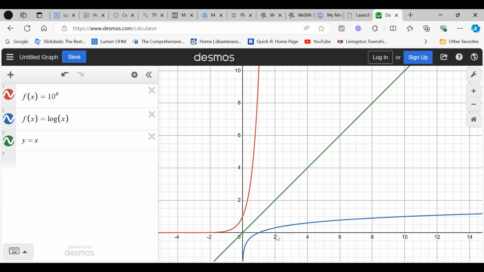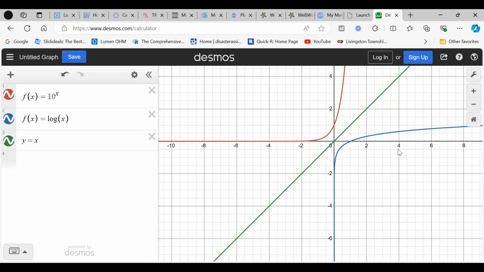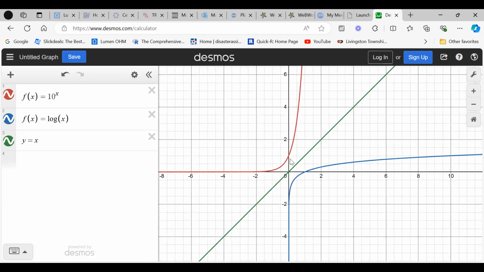So that's basically one of the most important aspects, right? That's why this sort of exponent, this y-intercept becomes x-intercept for the logarithm. Because they are inverse functions, they are symmetrical with respect to y equal to x.